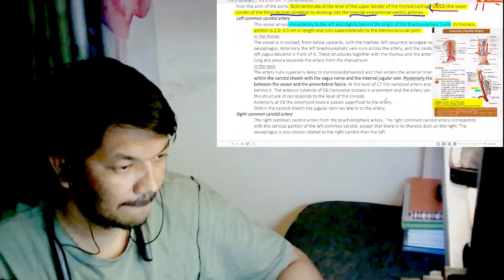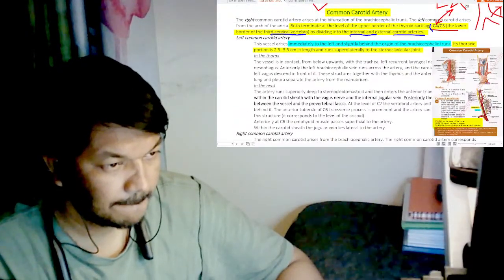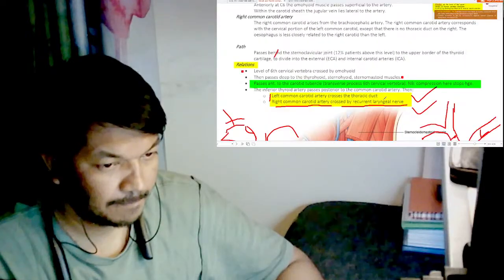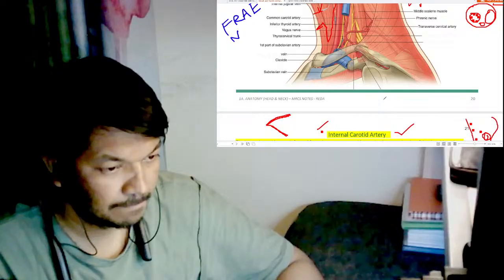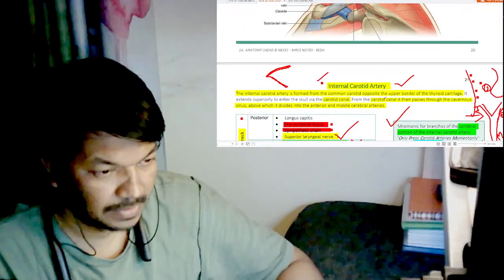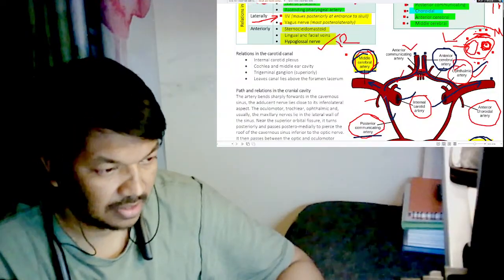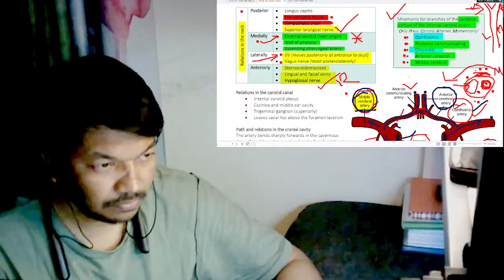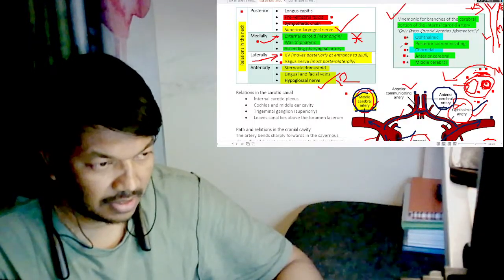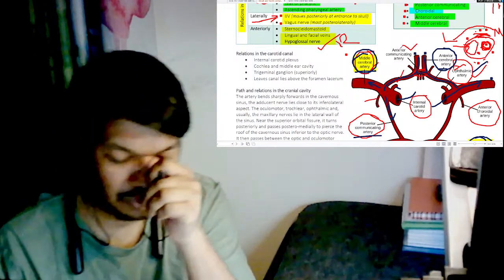Internal carotid artery, this one. We need to know their branches. The internal carotid artery enters into the skull through which foramen?